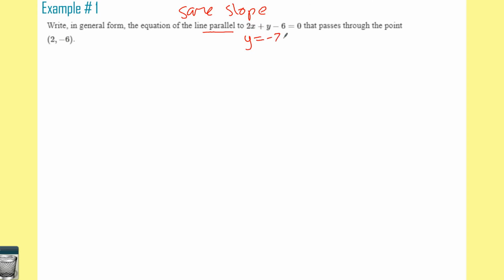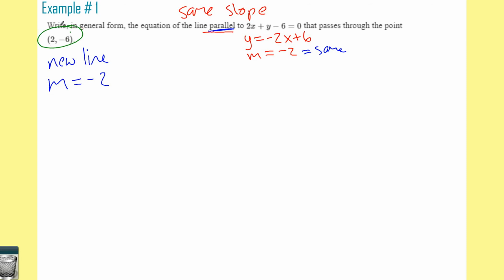You get y equals negative 2x plus 6. So here, the slope is negative 2. If my new line is parallel to this, then it must have a slope of negative 2. It must be the same because it's parallel. And it passes through this point.